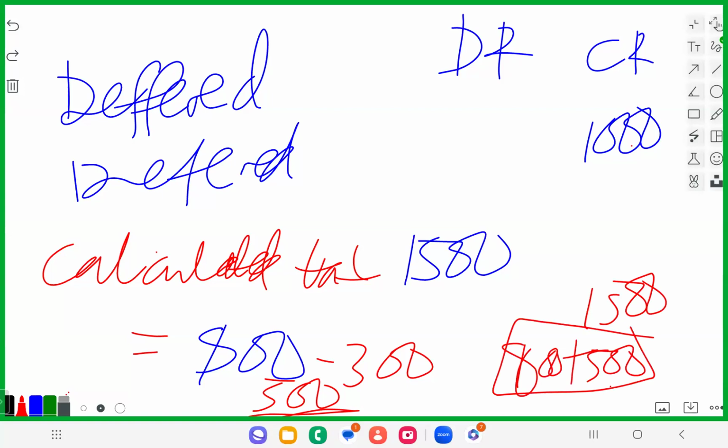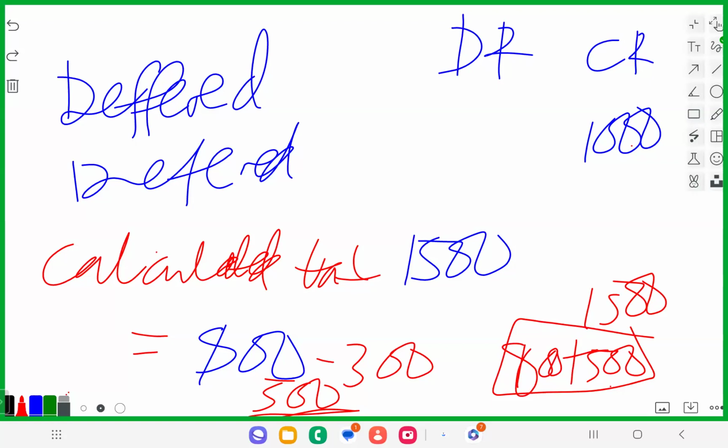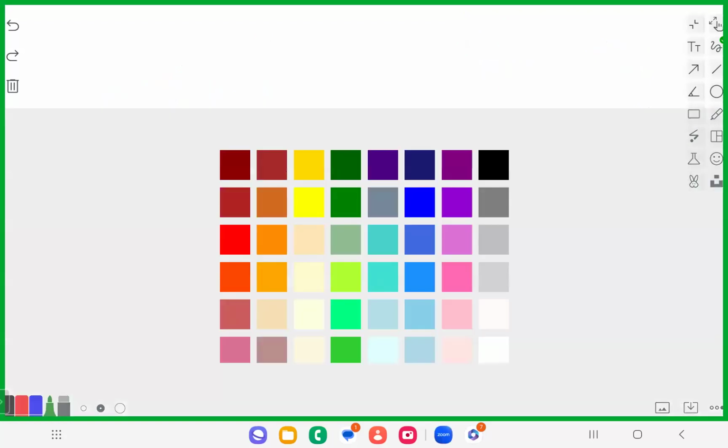Then again, when we continue looking at this, we will understand something very interesting. Let's talk about the issue of the deferred tax liabilities. How do you make treatments? Because this is very important.